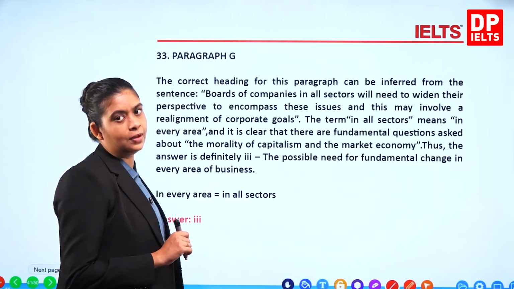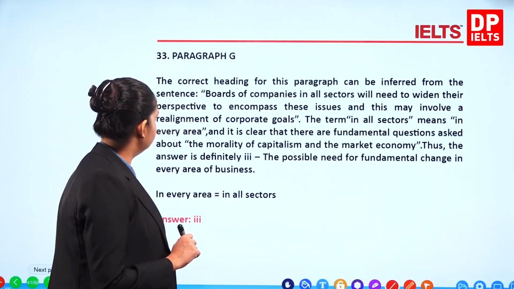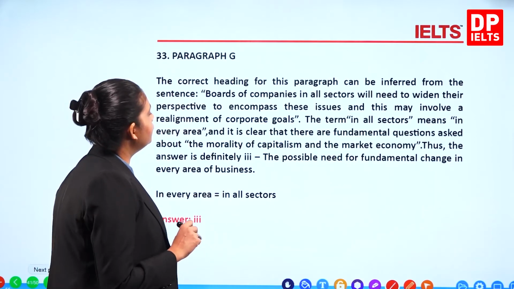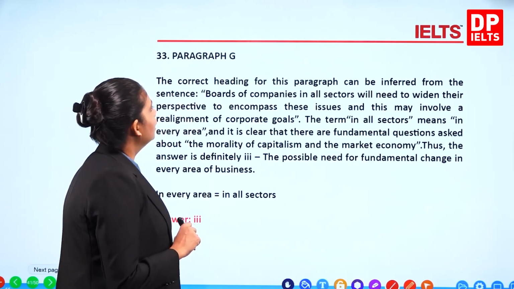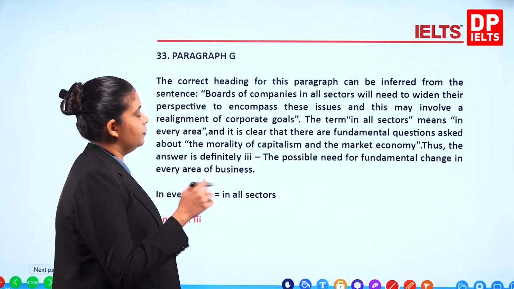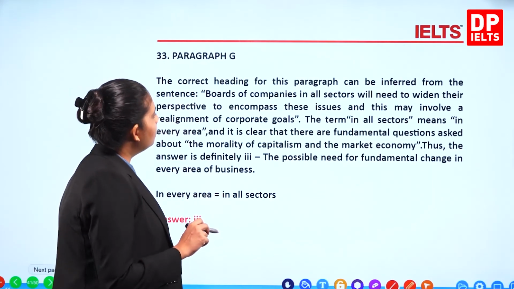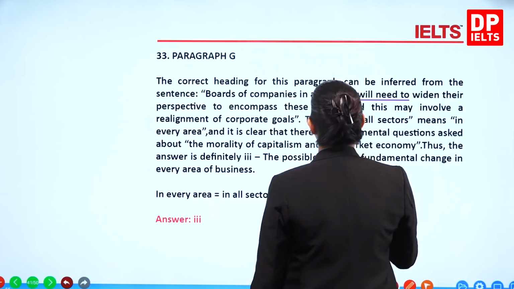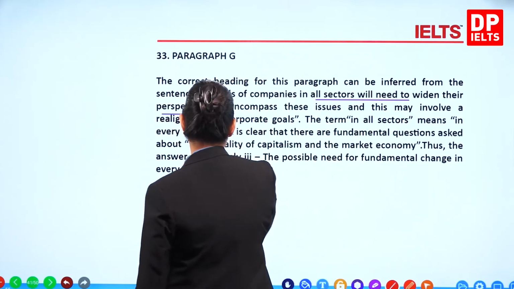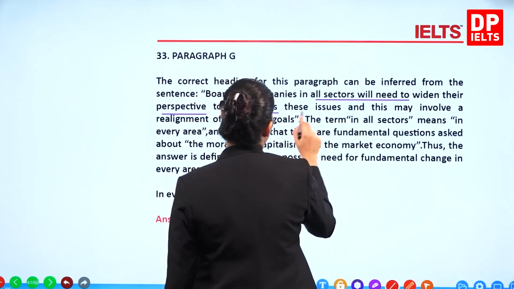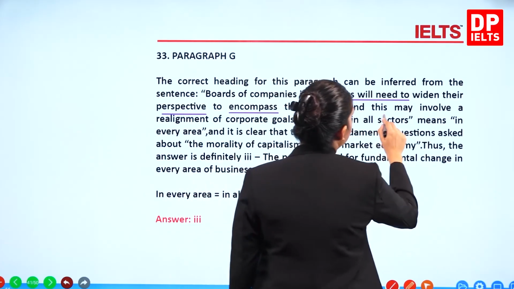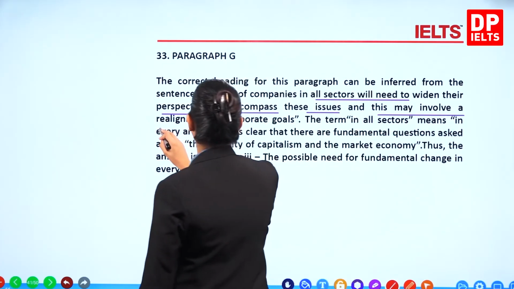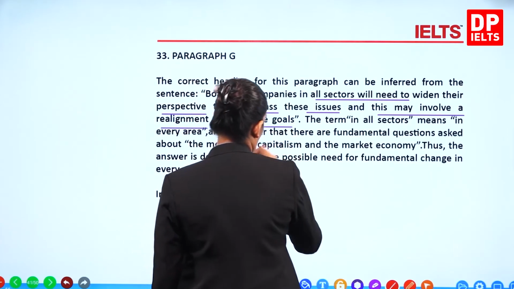Paragraph G, question number 33. So, the correct heading for this para we can come up with from the following sentence. Boards of companies in all sectors will need to widen their perspective to encompass these issues, and this may involve a realignment of corporate goals.